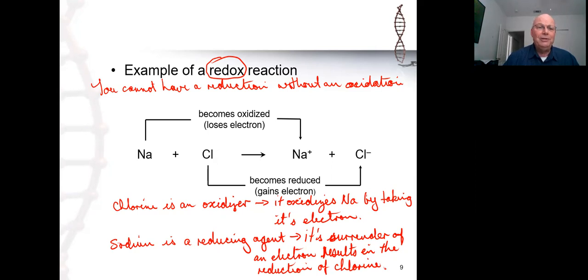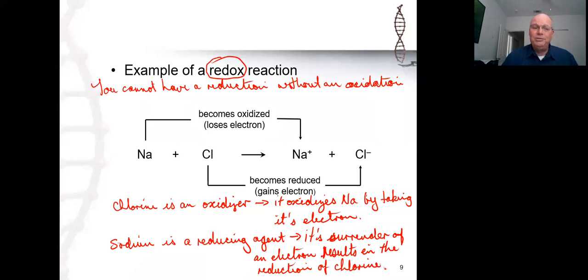The exergonic reactions we saw in the last presentation are reactions that release energy or make energy available. So if you give up an electron, which represents potential energy, then you're not only being oxidized, but you're giving up energy, which means you're carrying out an exergonic process.